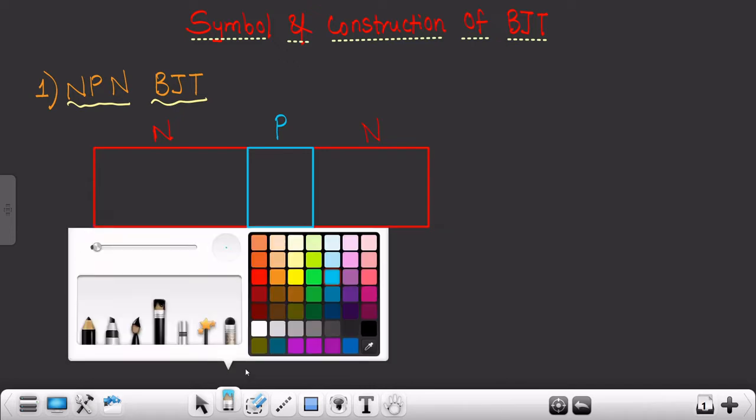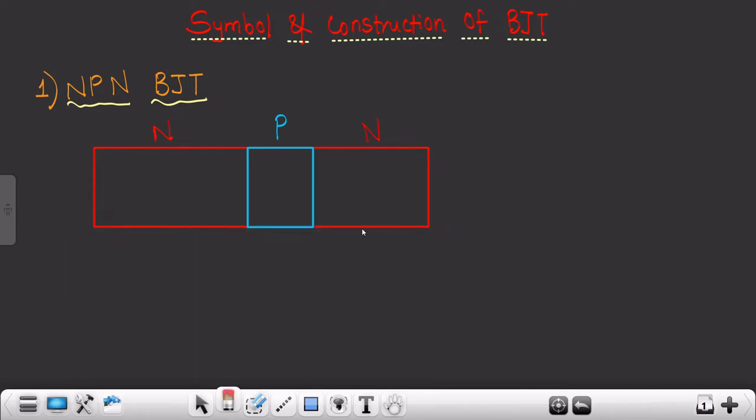Okay, so as you can see over here, there are more electrons. Obviously, this is what we had seen in semiconductors as well: N type has more electrons. I'm just drawing very few as of now, whereas P type has very few electrons, and this is again N type, so it again has more electrons as compared to P type.